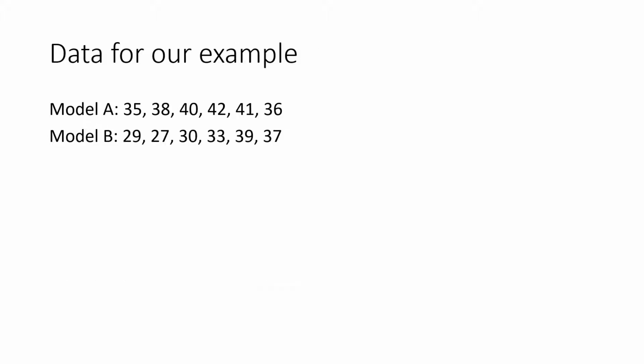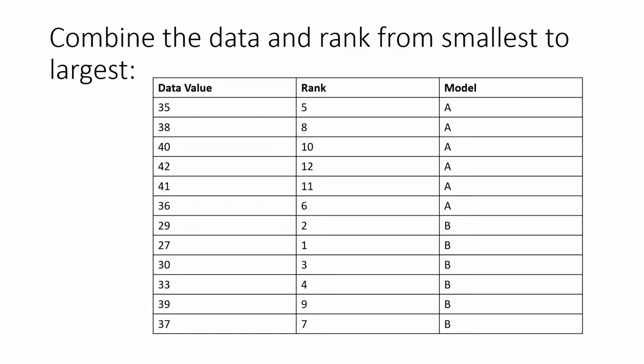So again, here's the data for our example. And we're going to start by combining the data and ranking it from smallest to largest. So here are all of the data values over here in the left column. In the right column, I've got something that is reminding me which group each of those data values is associated with, and I ranked them from smallest to largest in the middle.